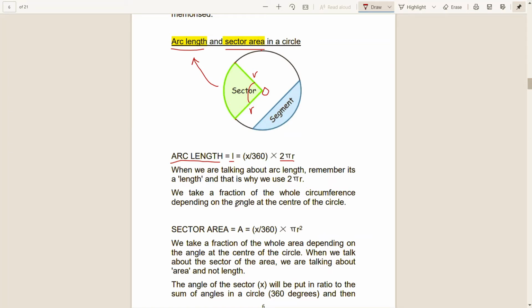We take a fraction of the whole circumference depending on the angle at the center of the circle. This is the definition of the arc length, L. Remember, this x over the sum of angles of a circle, 360, multiplied. When we are talking about length, remember, we'll multiply it by 2 pi r, the circumference of the circle.